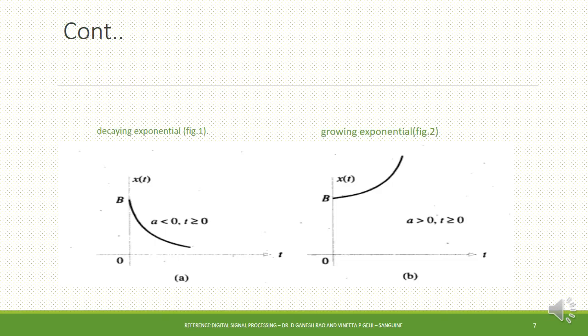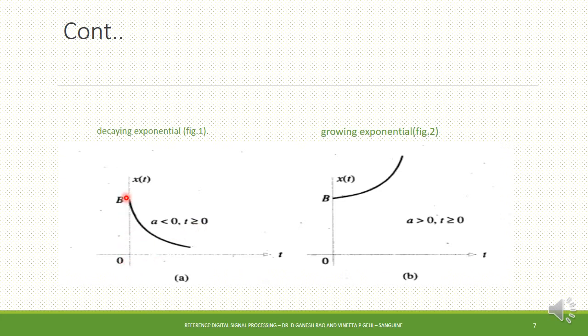Let us see the figures here. So here a is less than 0. This is your t axis and this is your x of t axis. For t greater than or equal to 0, b is the amplitude of the signal at t is equal to 0.